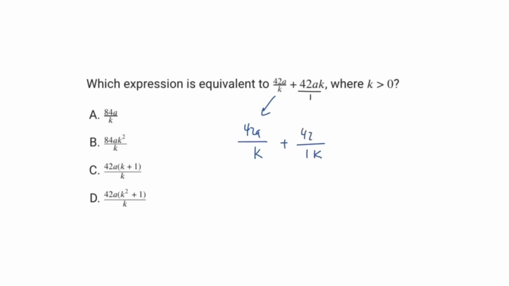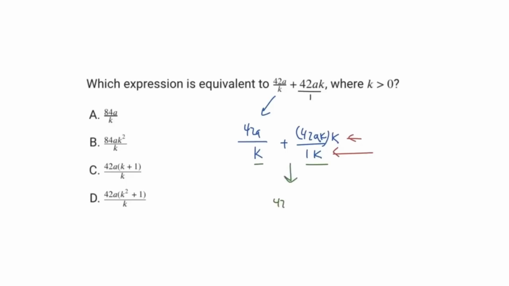So we get 42ak times k. And the reason we're doing that is to find a common denominator, and k over k is 1, so it really is the same thing, right? It's the equivalent expression or form, but we just want a common denominator here because now that we have the same denominator, we can combine the numerators.